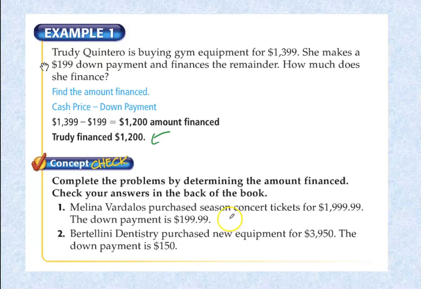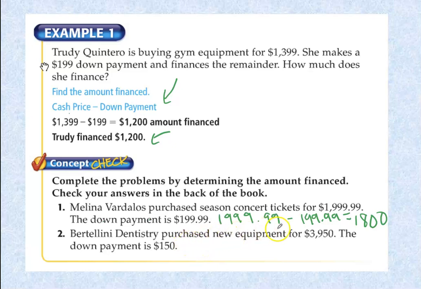Great, let's show you how to do this. We're just going to follow the formula. Cash price, subtract the down payment. So the cash price for this is 1,999.99, and my down payment is 199.99. So I will pay $1,800 for those concert tickets.